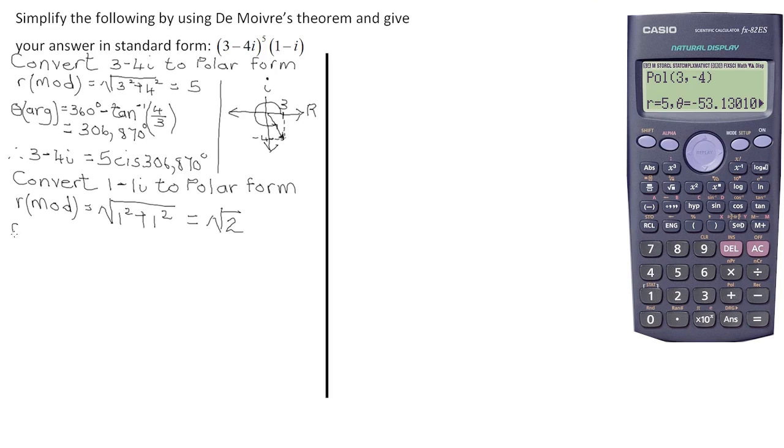Then your argument. You can see the format of these two complex numbers is the same, so you're also going to use quadrant 4 in order to calculate your argument.